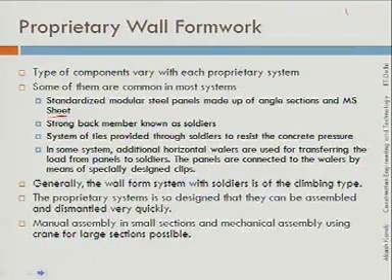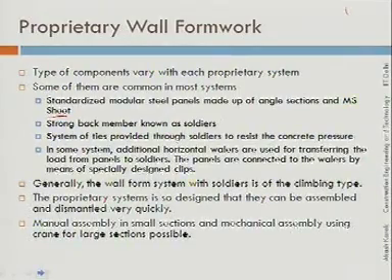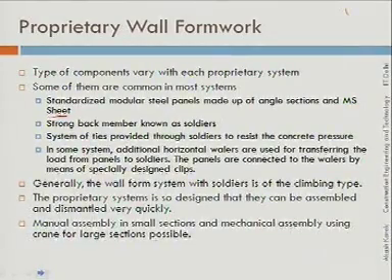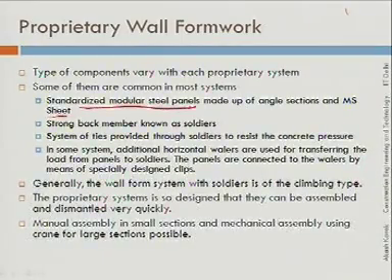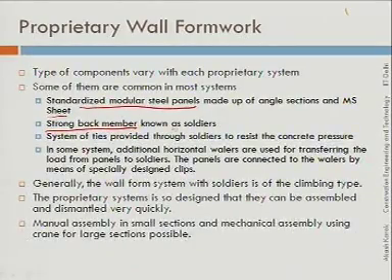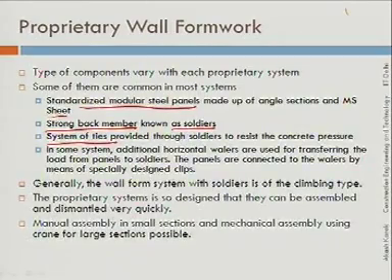Now, we also discussed in the previous class that there are some components which are common in most of the systems. For example, there are standardized modular steel panels, strong back members known as soldiers, and a system of ties. They are all common. The materials may be different, the cross sections may be different, but the purpose is the same.